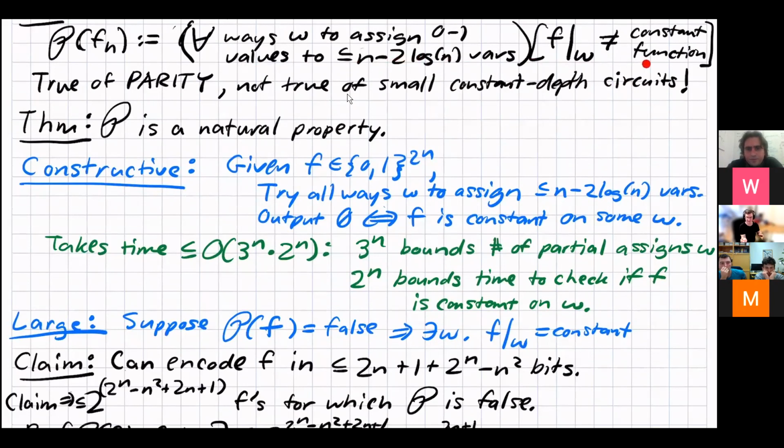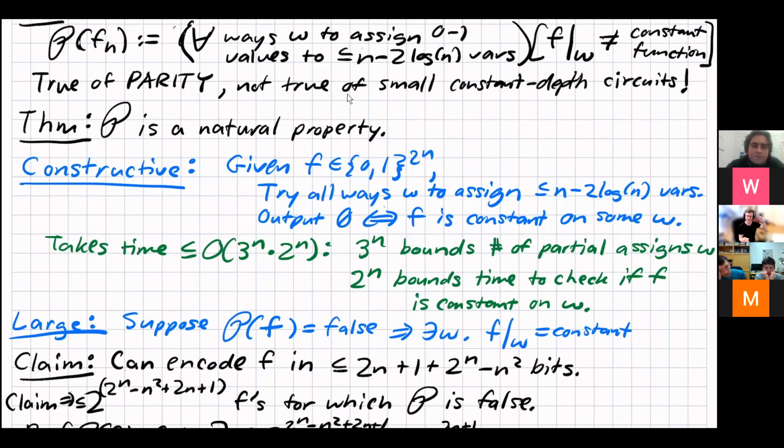So for one, it's constructive. To check this property, what do we have to do? Given such a function, we try all possible ways to assign up to n minus 2 log n variables, and then we output 0 if and only if f is constant on one of those ways.